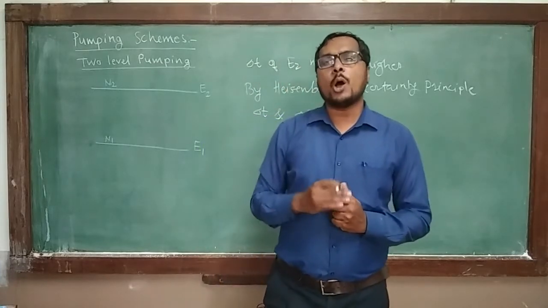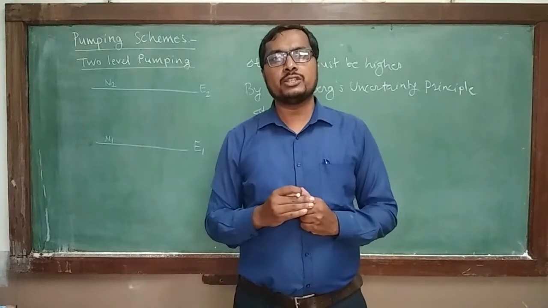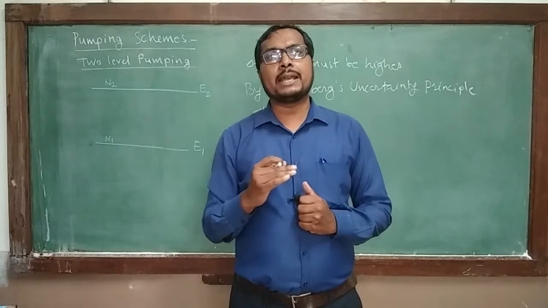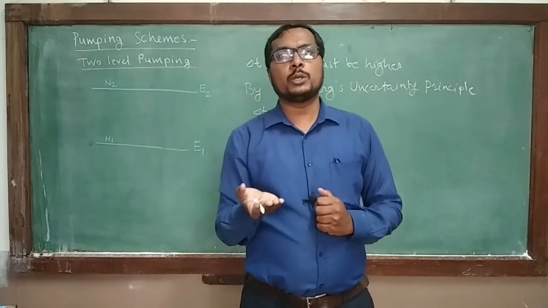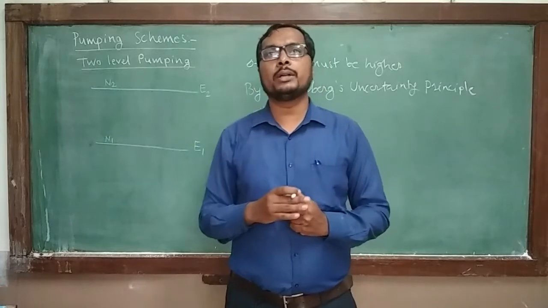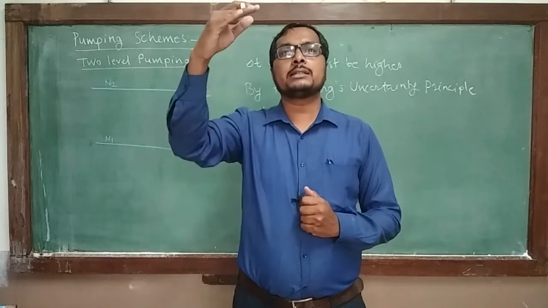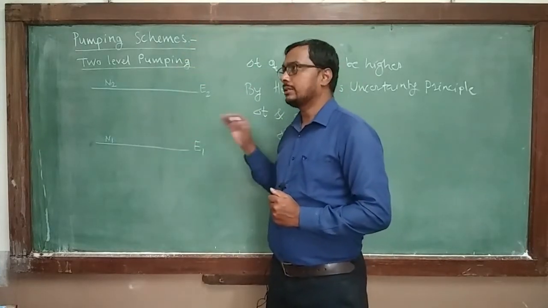Another drawback of this scheme is that if we use pumping radiation of some particular frequency to pump the atoms from the lower energy level to the higher energy level, the same radiation also stimulates or triggers the atoms from the excited state to the lower state.